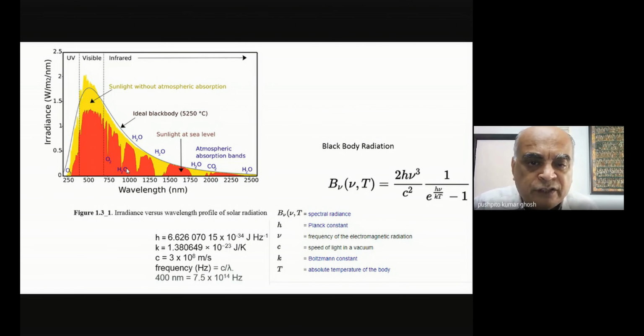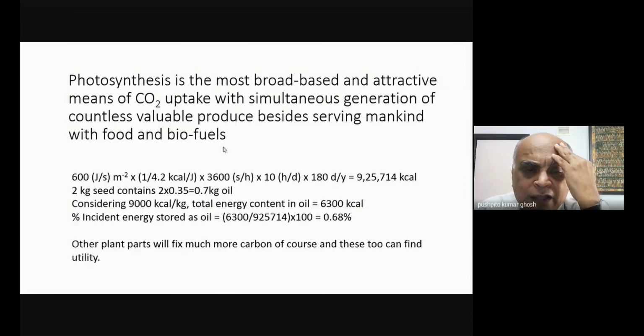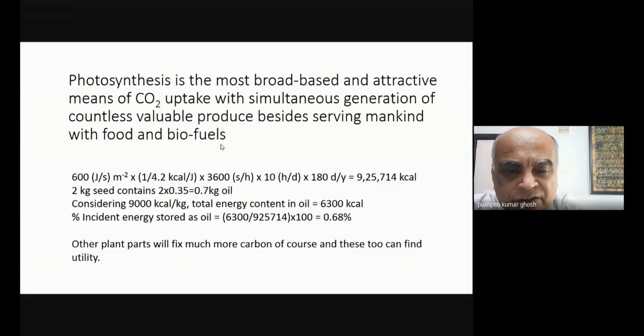Okay, and so this global warming, this heating that's happening and blaming it on CO2, some of it is because of this. Because we know that all biomass is created by photosynthesis, and so I was just trying to see what is the efficiency of utilizing the energy from the sunlight.